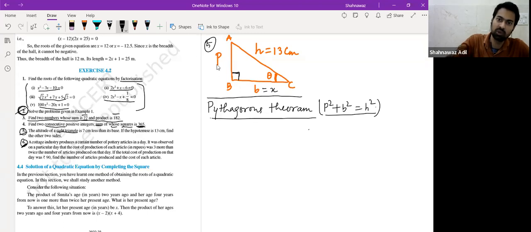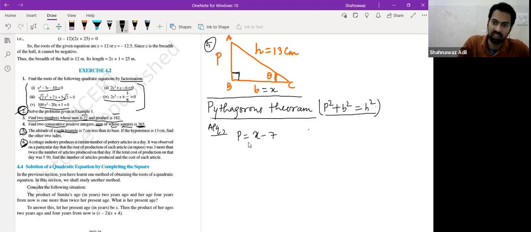What would be the altitude? 7 centimeter less than this will be x minus 7, right?